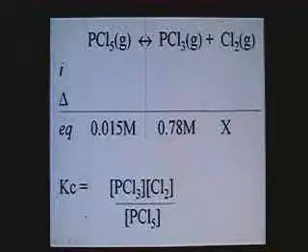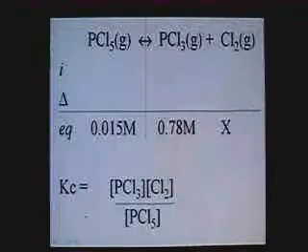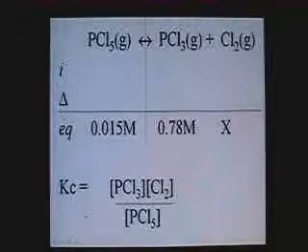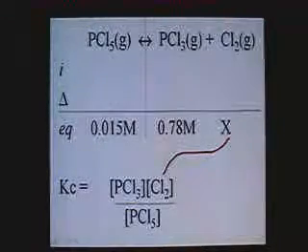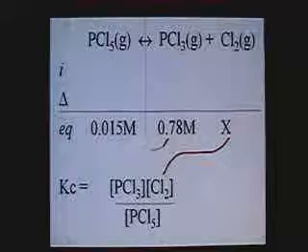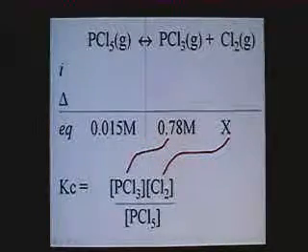So in our chart, what we have are equilibrium values. We don't have to worry about the initial conditions. They were not provided. So we simply plug in what we know. And the x is going to be our unknown. So we're going to plug that in for the Cl2. The 0.78 is going to go on the top part of the mass action. It's always products over reactants.